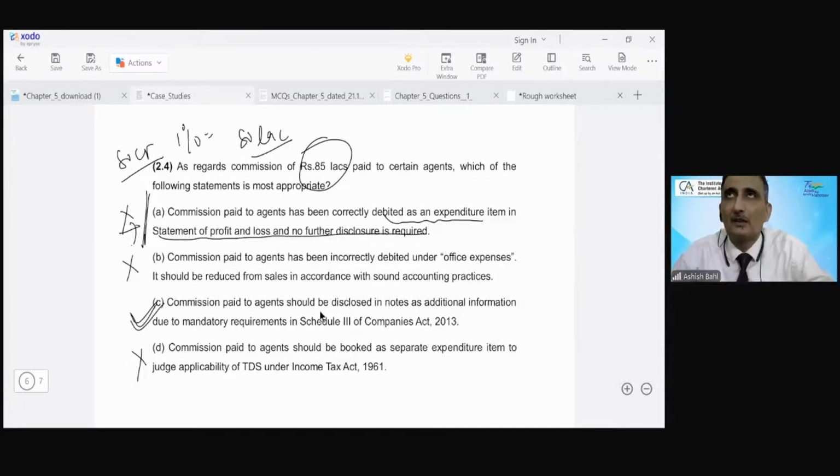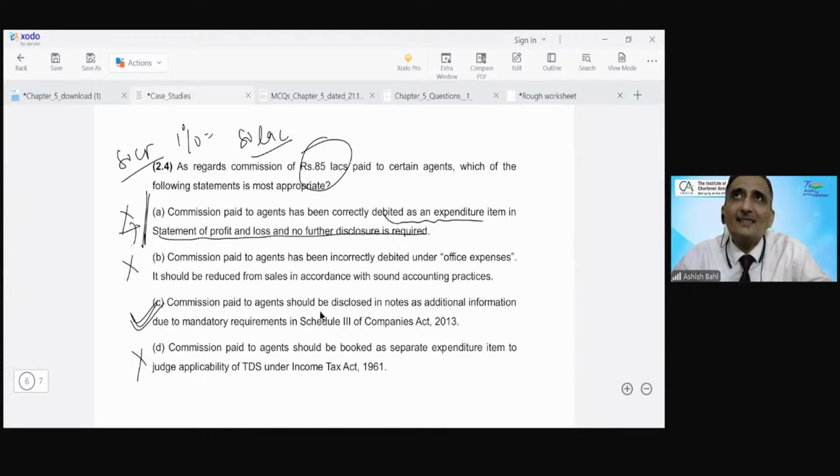No, no, no. We are preparing the balance sheet. The company is preparing the balance sheet in accordance with the provisions of the Companies Act 2013. Now, how does TDS come into play? It has nothing to do with that. Because the expenditure item is a material one.